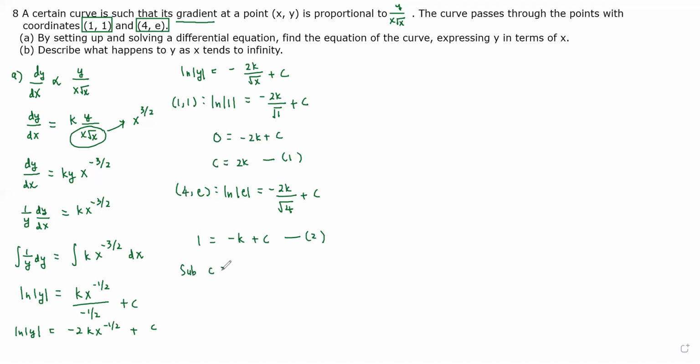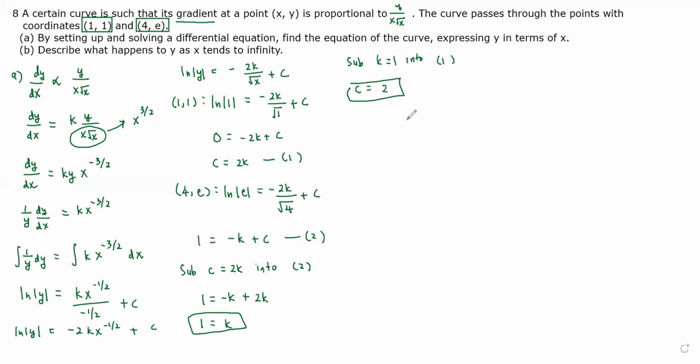We can substitute c equals 2k from equation number 1 into equation number 2, so that 1 is negative k plus 2k, and from here we see that k is 1. We substitute k equals 1 into equation number 1 to obtain c equals 2. So we have k equals 1 and c equals 2.